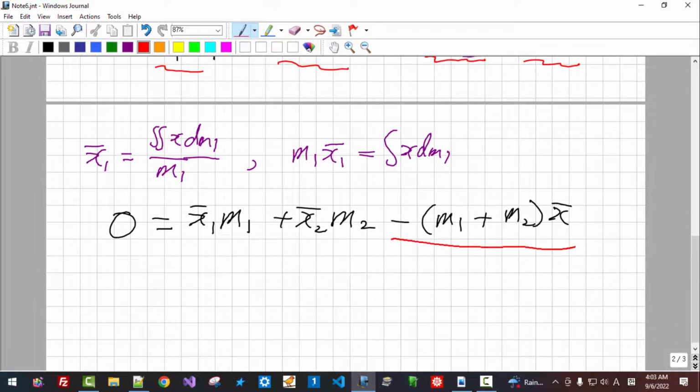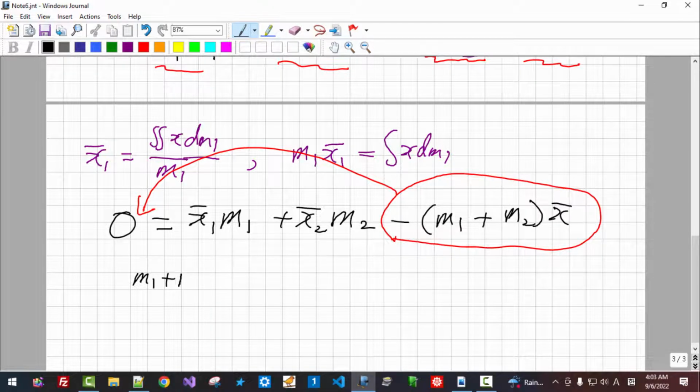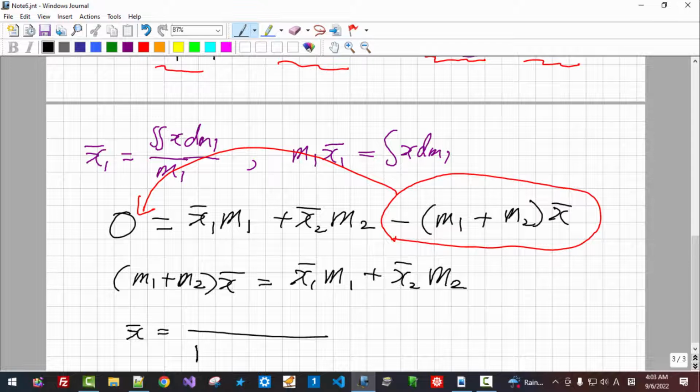So we move this term to the left. Then m1 plus m2 times x bar equals these terms, x1 bar m1 plus x2 bar m2. Then x bar equals x1 bar m1 plus x2 bar m2 over m1 plus m2.